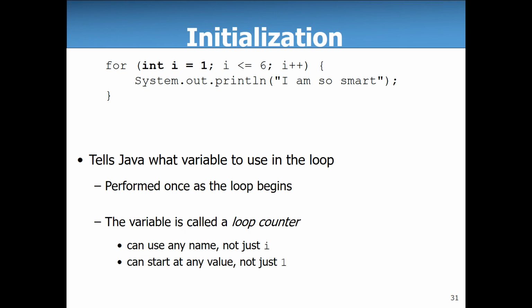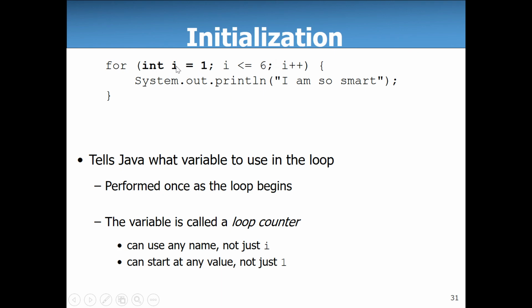We've got 1, 2, 3, 4, 5, 6, and those are 6 numbers, right? We're going to have 6 different values, so this loop is going to run 6 times. Make sense? This loop goes through the numbers 1 through 6, inclusive. Inclusive meaning that both the 1 and the 6 are in it.